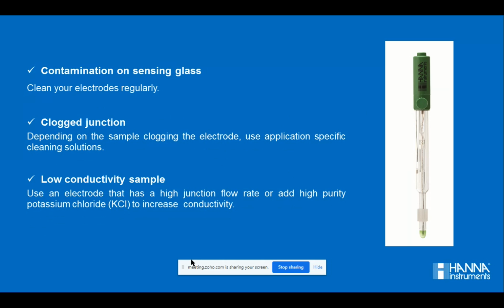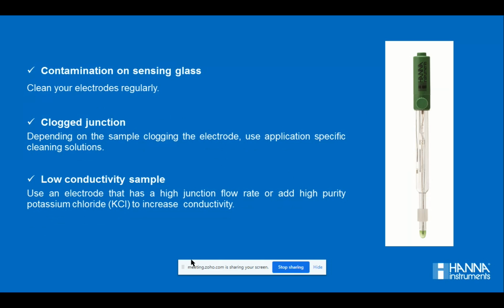Then another unidentified problem is clogged junction. Many people do not understand whether the junction is clogged or not, mainly when they are using a ceramic junction or a cloth junction electrode. Ceramic junction is very susceptible to get clogged when you have high contamination in your sample and you have high conductivity in your sample.